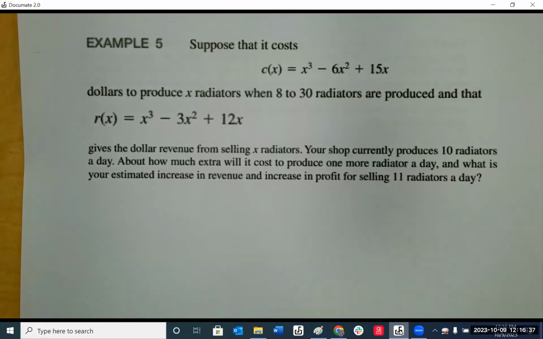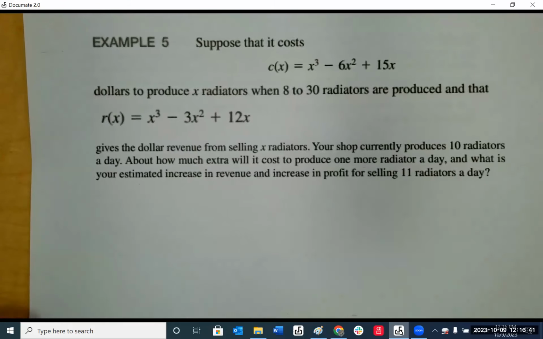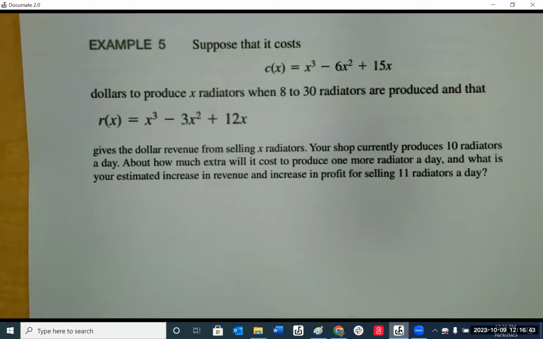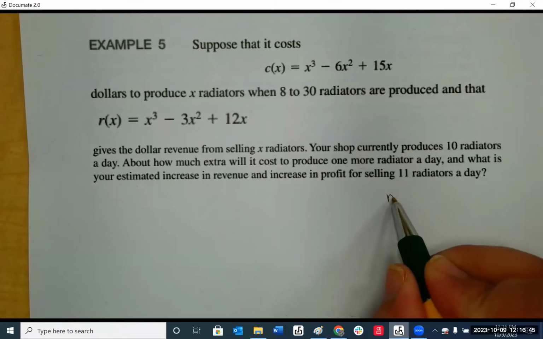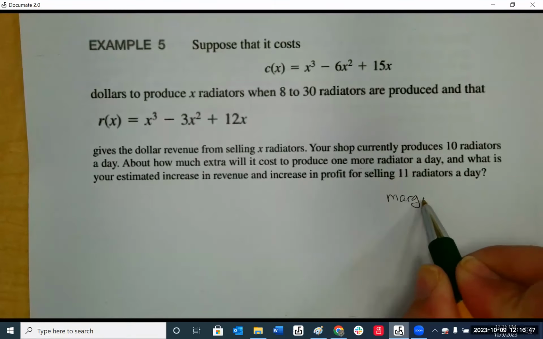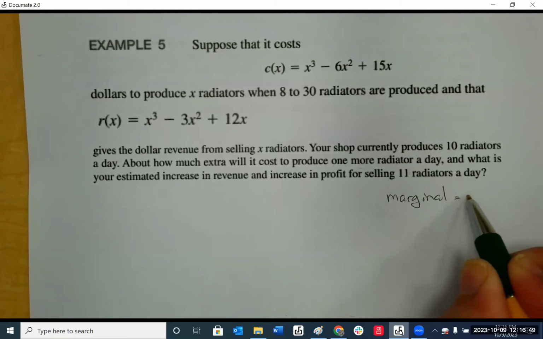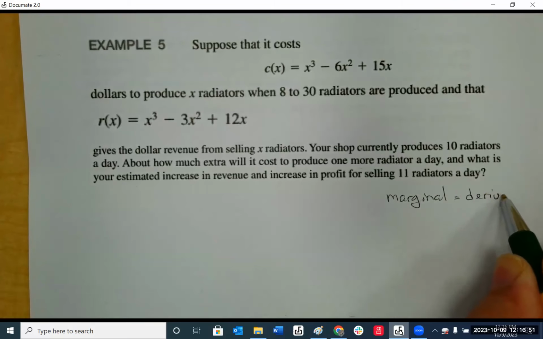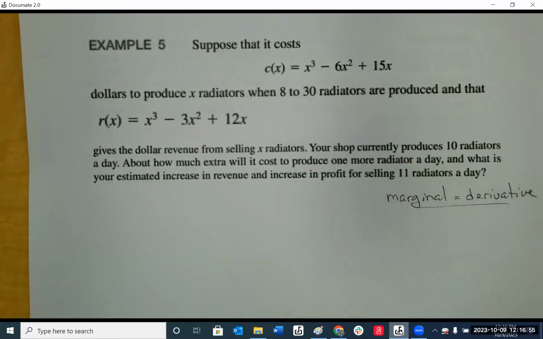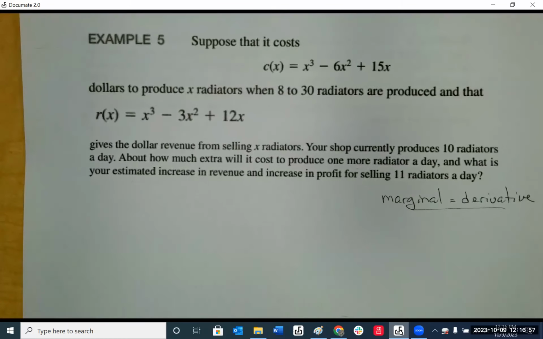So that's the marginal change of production. No, remember, marginal means what? Marginal means derivative. So let's look at the marginal cost of producing one extra one.